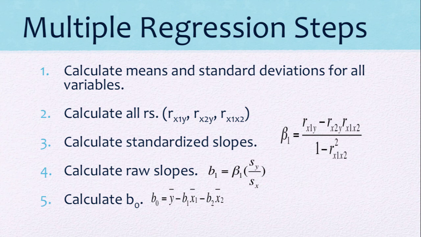And following that, we can then calculate our y-intercept utilizing our raw slopes to ultimately be able to provide our raw score multiple regression equation.